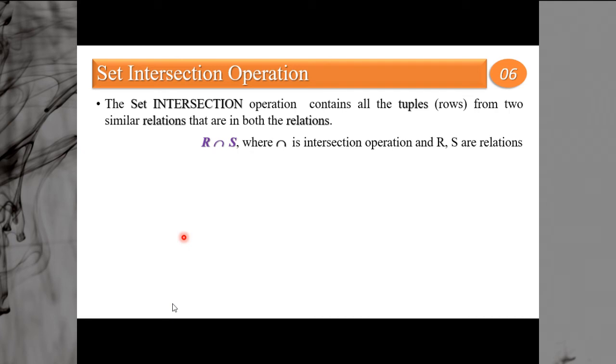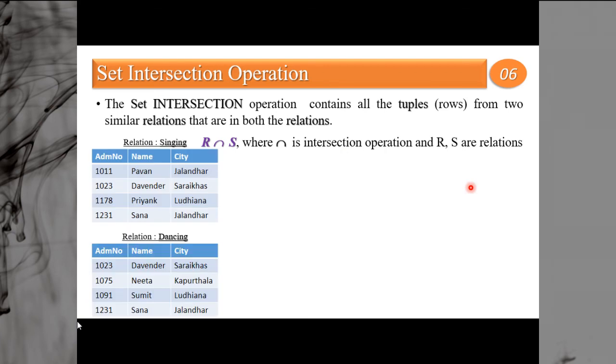Intersection is represented by an inverted U. You can see R intersection S, where this inverted U is the intersection operation and R and S are your relations. Taking the same example, say now we want to find the common people, those persons who are taking part in singing as well as dancing.